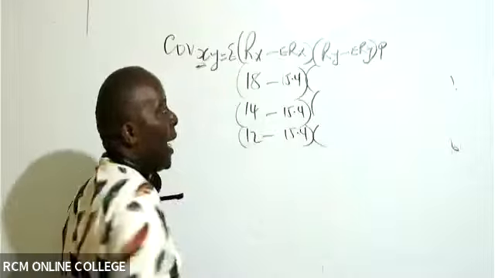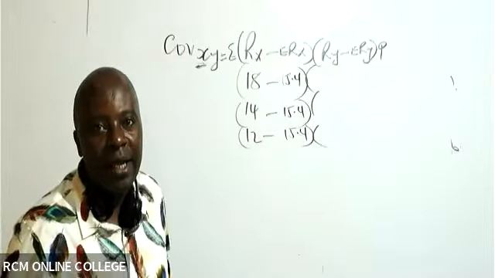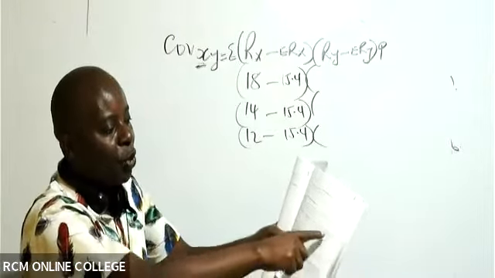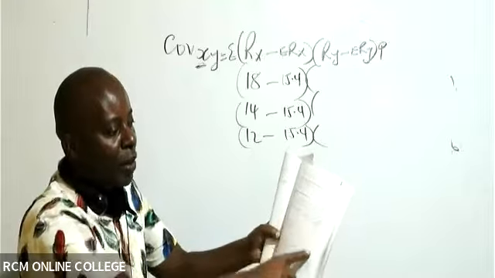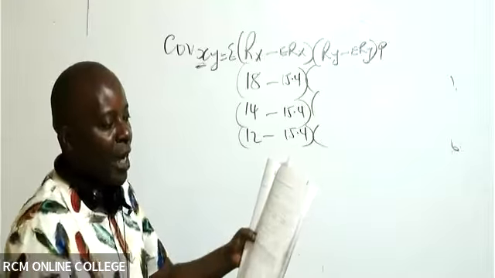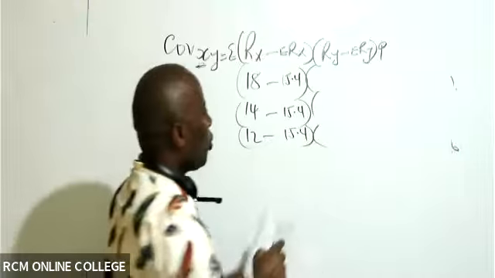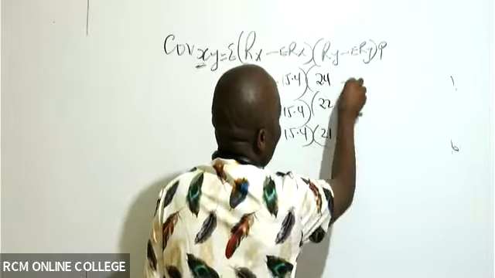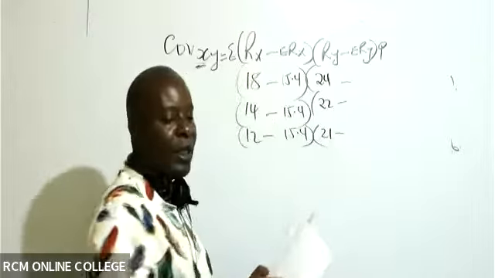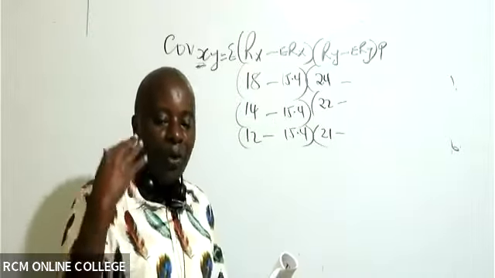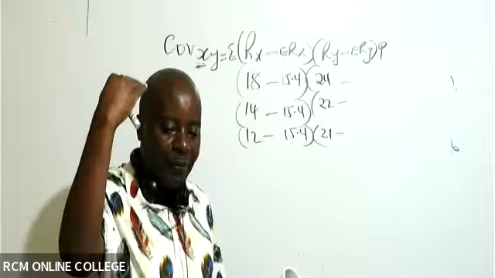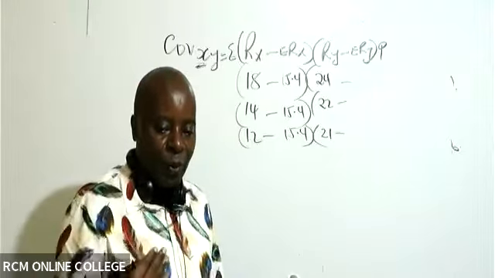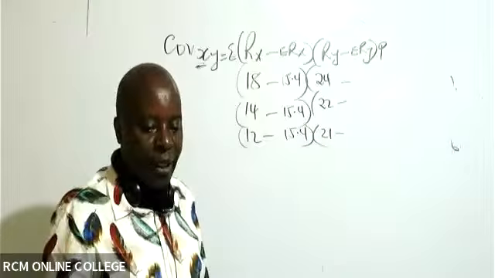We come and take the actual returns of Y. They are given in the past paper, in this second column. You read them the way they are: 24, 22, 21, minus the expected returns, which we obtained up there as 22.7.